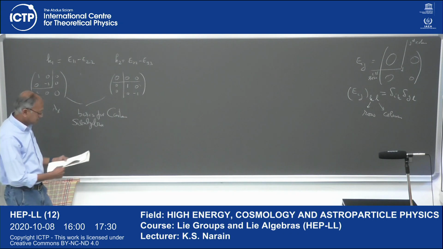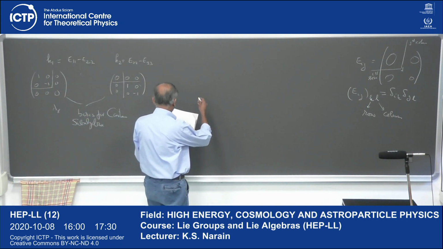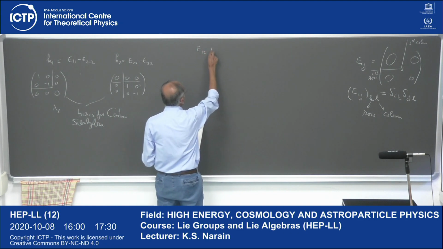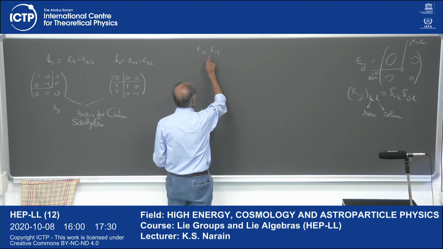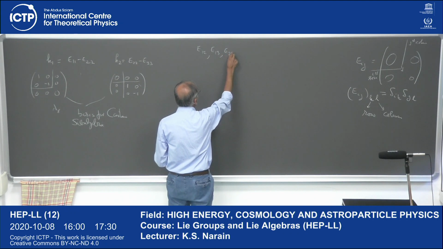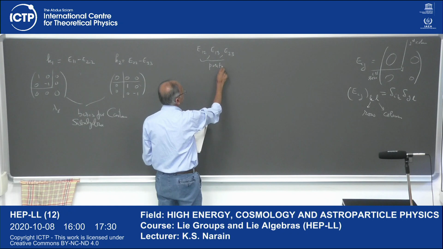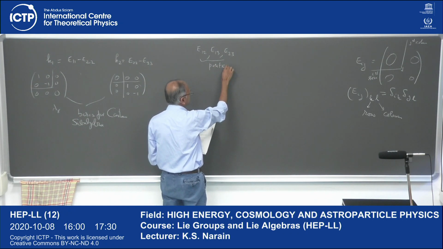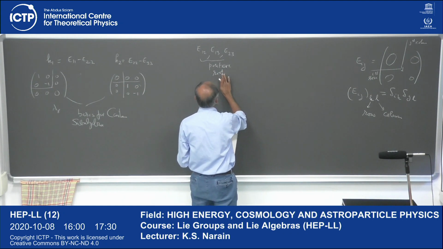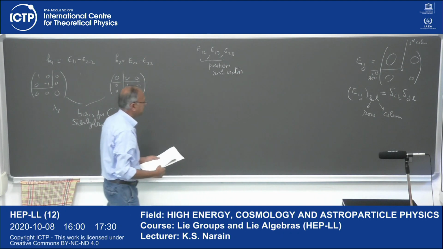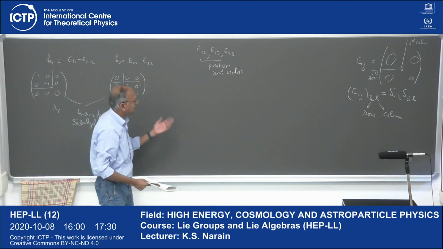So the eigenvectors were E12, E13, E23. These were what we called the positive roots. This was just a convention; we just chose to call these positive root vectors. There is a terminology which I should just mention. The roots are the eigenvalues.